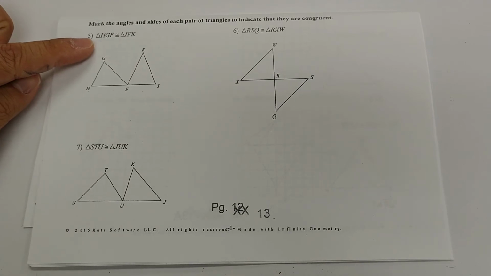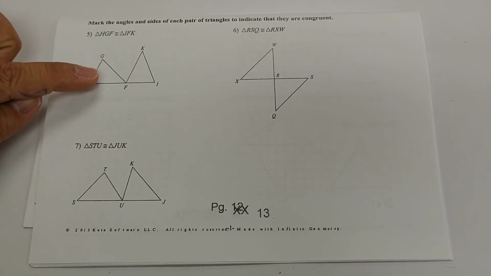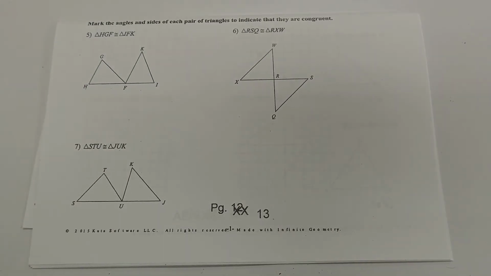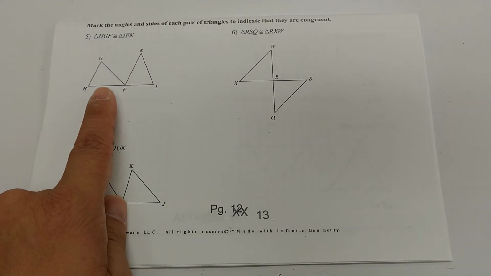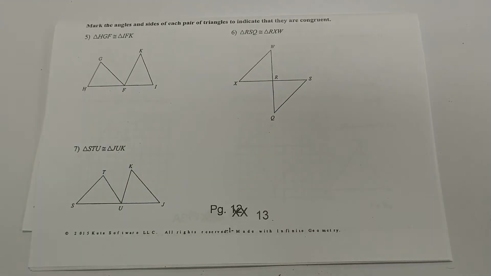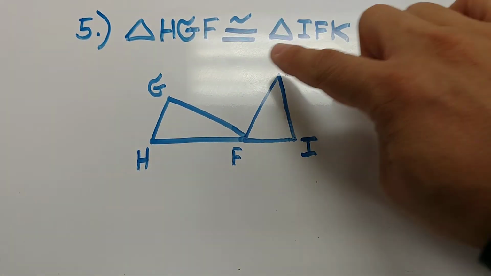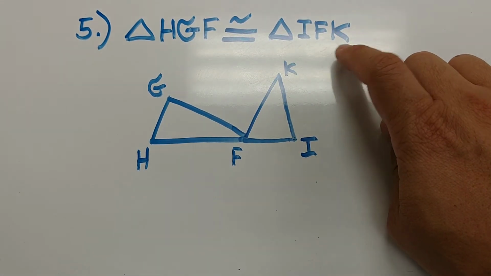They're going to give you a statement, and you just have to mark your angles and your segments so that they match with whatever letters they give you. So I'm going to show you problem number 5 right here. For problem number 5, you have triangle HGF, and we're going to show that this HGF is congruent to triangle IFK.